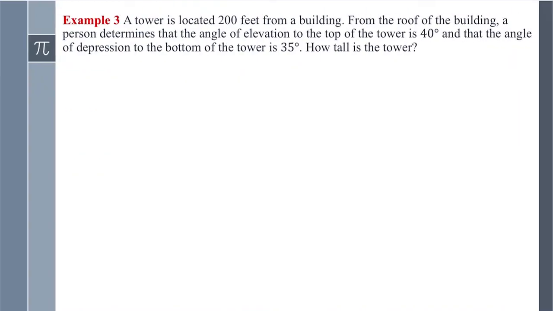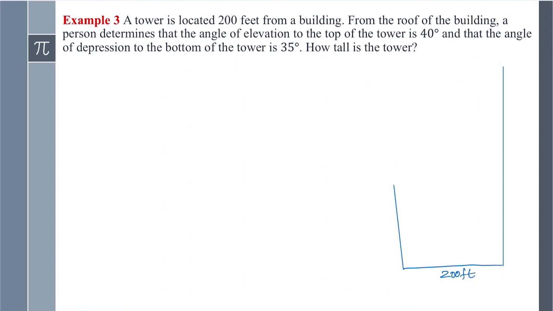Let's look at another example. A tower is located 200 feet from a building. So let's draw a tower. Let's say that is the tower, and this is the building. Now, the distance between the tower and the building is 200 feet.